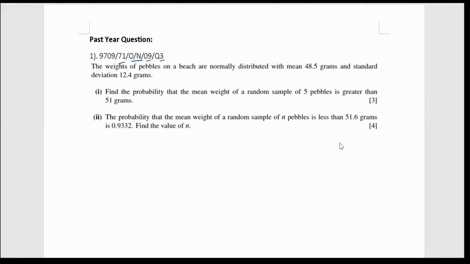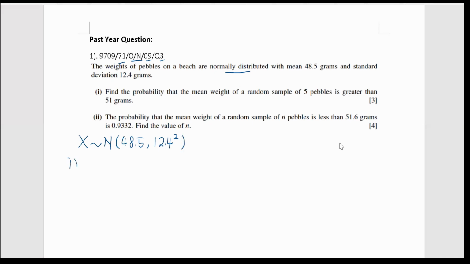The weights of the pebbles on a beach are normally distributed with mean 48.5 grams and standard deviation 12.4 grams. Based on the information given so far, let's say X is the weight of the pebbles. It follows a normal distribution, where the mean is 48.5 and the standard deviation is given to be 12.4, so 12.4 squared as the variance.